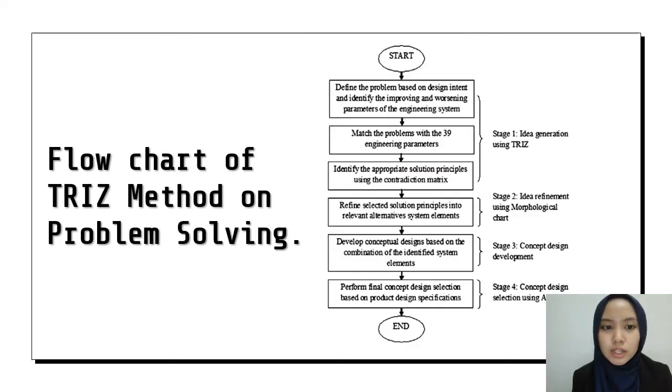This is the flowchart of the TRIZ method on problem solving, starting from defining the problem based on design intent and identifying the improving and worsening parameters of the engineering system, and ending with performing final concept design selection based on the product design specification.